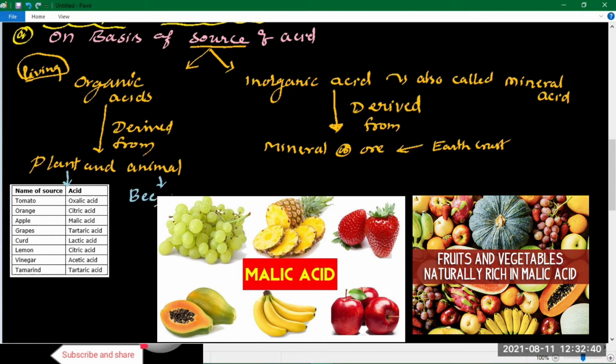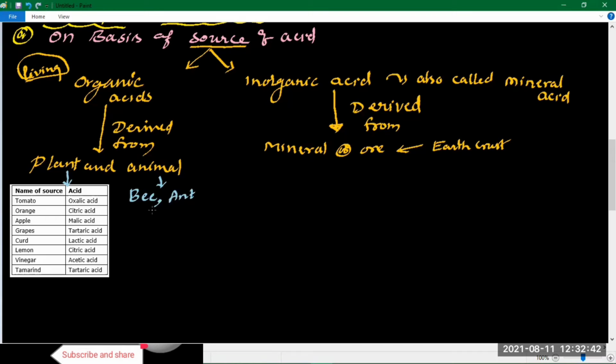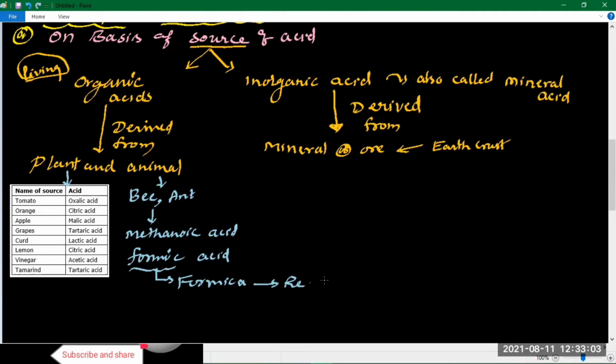And along with this, ant sting and bee sting release methanoic acid. This is also called formic acid. Formic is derived from the Latin word formica, and the meaning of formica is red ant.